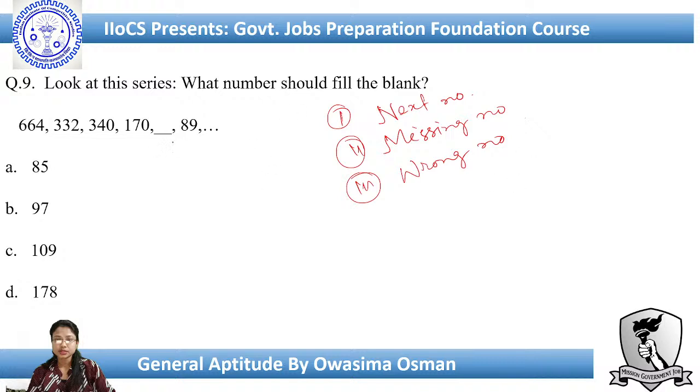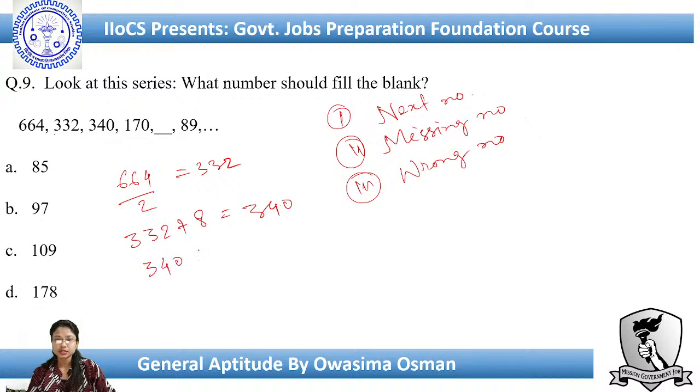So in this problem you can see that they ask you to find the missing number. Here we can see that if we do 664 divided by 2, we will get 332, and if we do 332 plus 8, we will get 340.